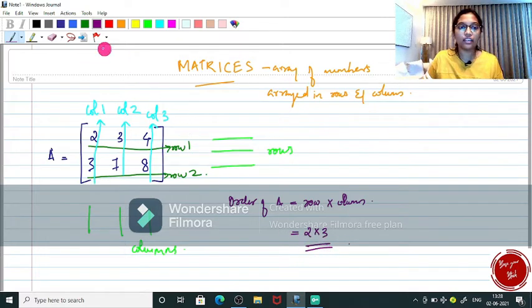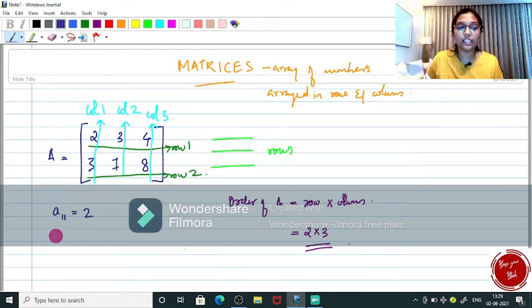Even we can address each of these numbers. The matrix is termed capital A, isn't it? So small letter a 1 1 indicates the number written in the first row, first column of matrix capital A. So here a11 is equal to 2.